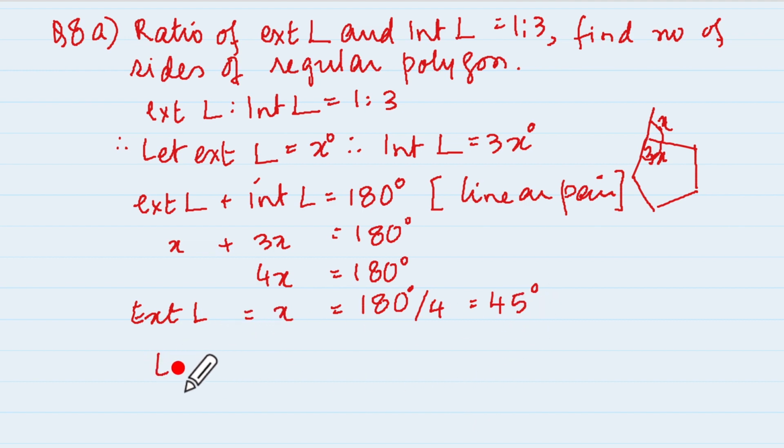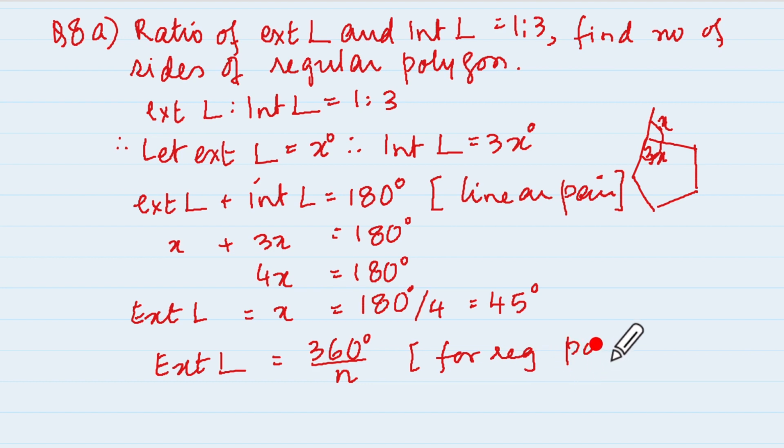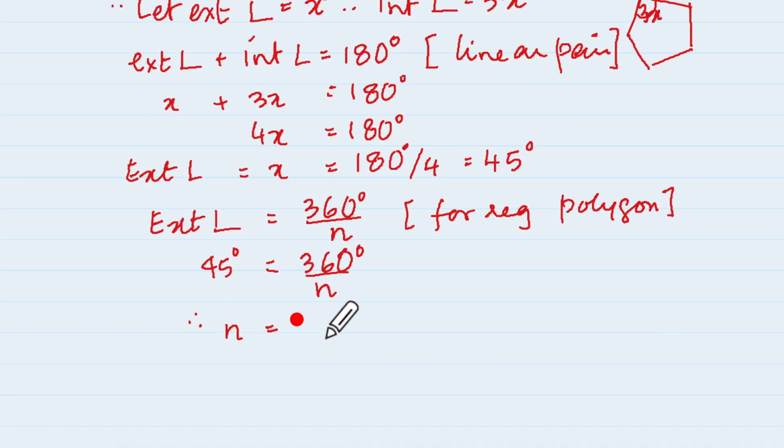Now what is our formula for exterior angle? Our exterior angle of a regular polygon is 360 degrees upon n, and this is for the regular polygon. We need to know our formulas by heart, okay? So 45 degrees is equal to 360 degrees upon n, and therefore n is equal to 360 degrees upon 45.